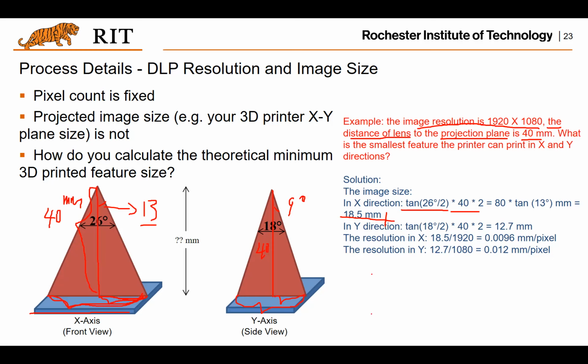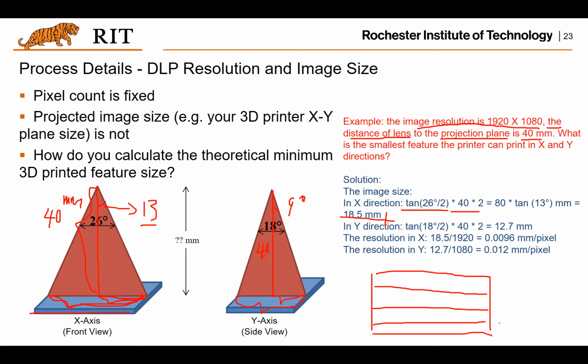That means the projected image is still composed of those small pixels, with the x dimension length 18.5 and the y 12.7.